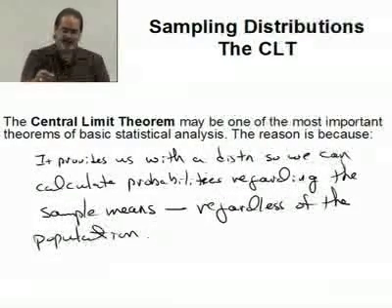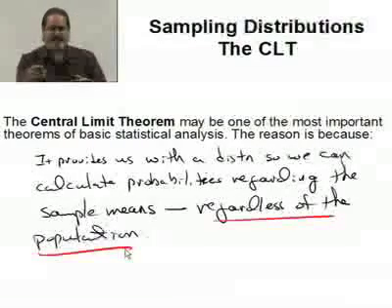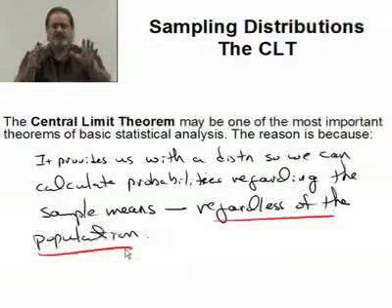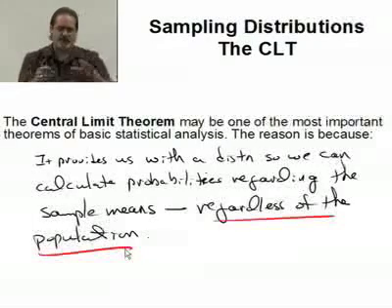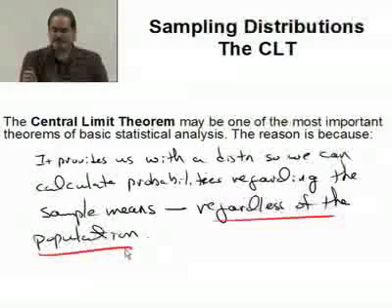Regardless of the population simply means it doesn't really matter what the population looks like, as long as the random variable is at least interval scale. We wouldn't do this with something that's nominal or ordinal. That wouldn't make any sense.